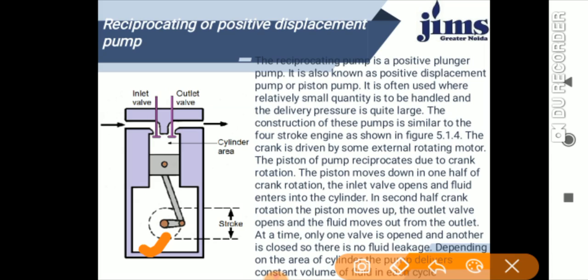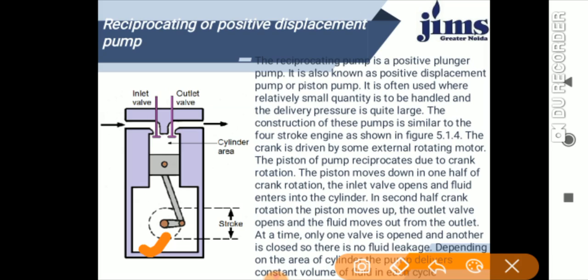The crank is driven by some external rotating motor, and the piston of the pump reciprocates due to the crank rotation.